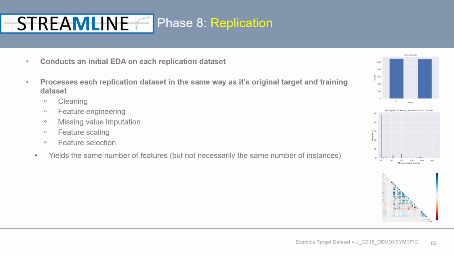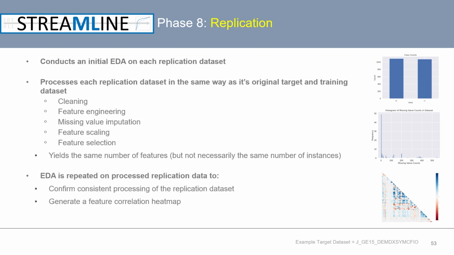And this process will yield the same number of features, but not necessarily the same number of instances as its corresponding training dataset. And again, the EDA is repeated on processed replication data to confirm consistent processing of that replication data and to generate a respective feature correlation heat map. Note that univariate analysis is not conducted on the replication data.